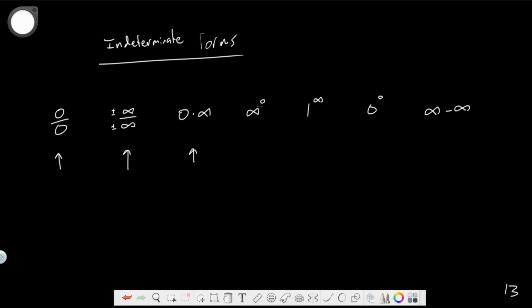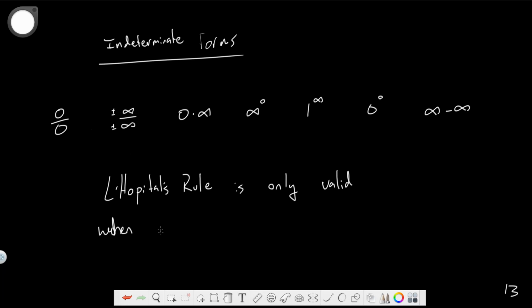But now that we've been introduced to the indeterminate forms, the battle between superhero and superhero, once again, this is not a morality class. I do not know if the superheroes are good or bad. But what I do know is that L'Hopital's Rule is only valid when we have 0 divided by 0 or infinity divided by infinity.